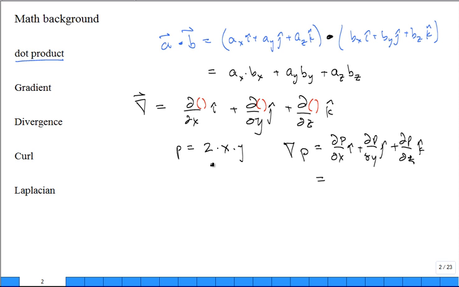So let's do the derivative with respect to x. You get 2y. The derivative of P with respect to y, you get 2x. And the derivative of P with respect to z, 0. And you've just successfully done the gradient of a scalar field P. True? Okay, good. Now we'll get to the divergence, del dot.